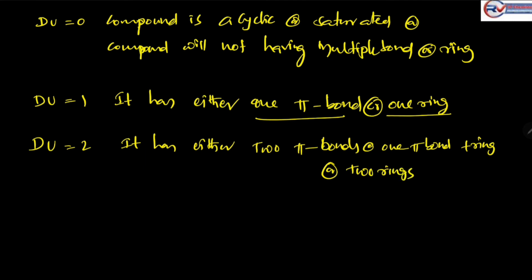The possible structures are two pi bonds, one pi bond and one ring, or two rings.